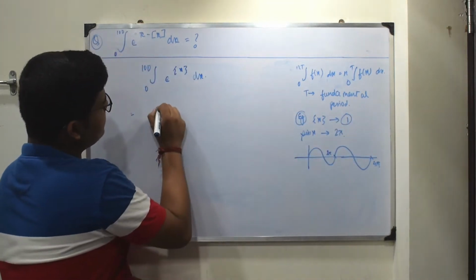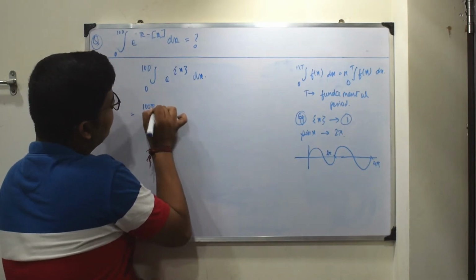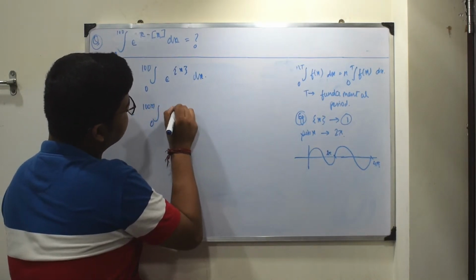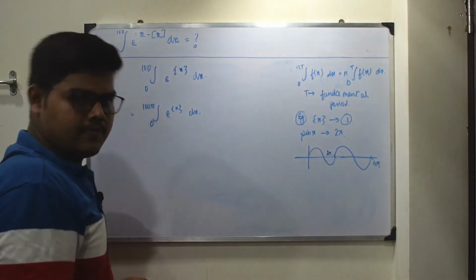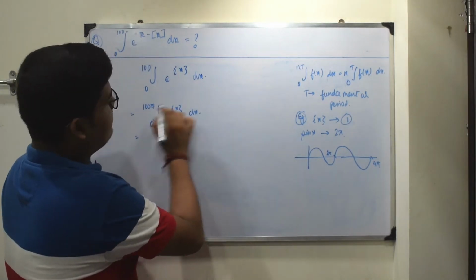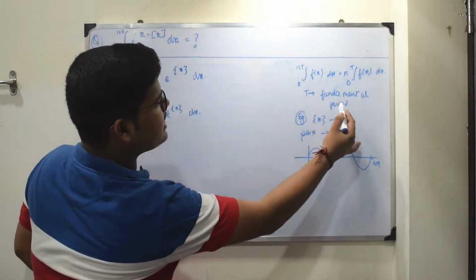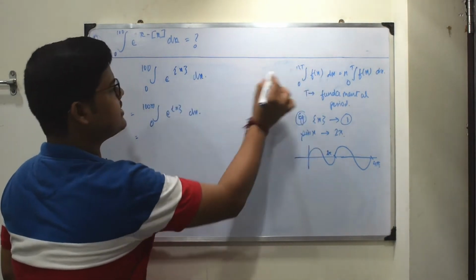So can we say it is written like this, integral from 0 to 100 into 1 times e to the power fractional part of x dx. Comparing with this, 1 is the fundamental period of e to the power fractional part of x, and 100 is this n.